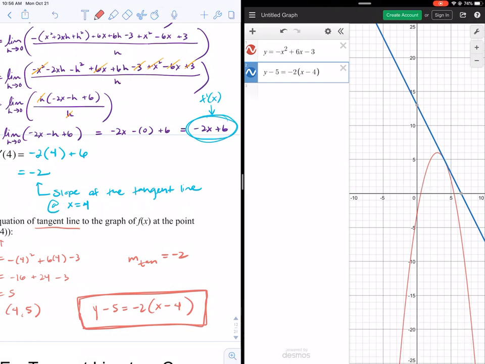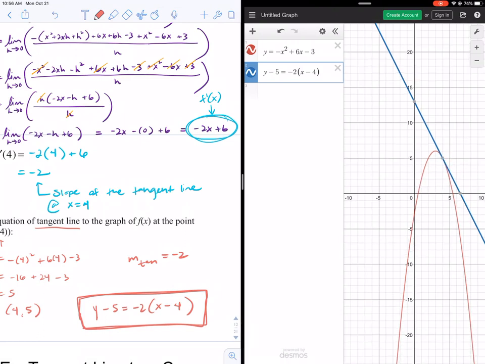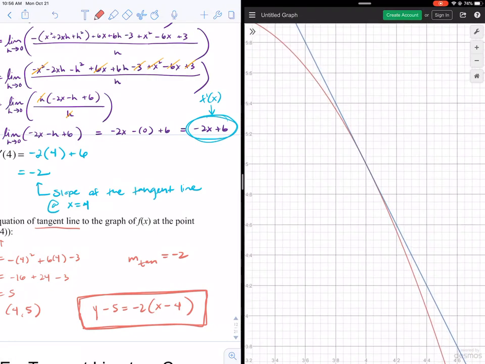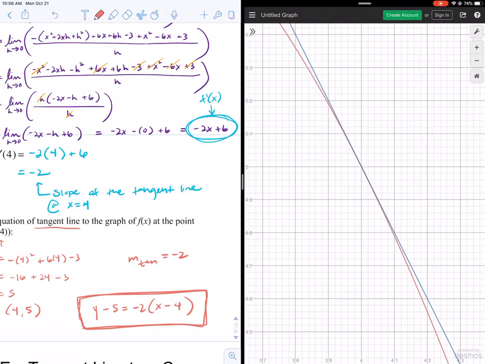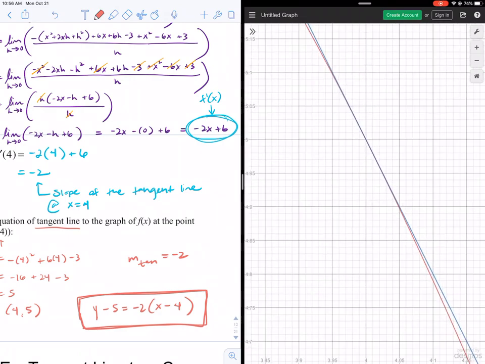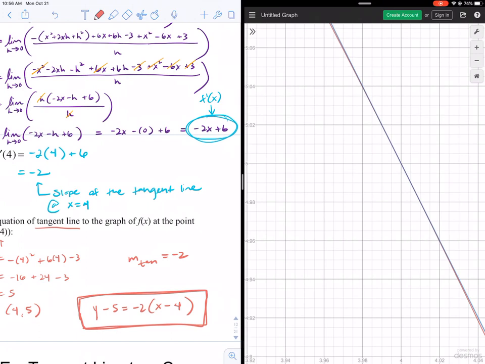So we can see, if we zoom in, will that let me zoom in? If we zoom in enough, doesn't it look like the line, the blue line, kind of merges with the graph?